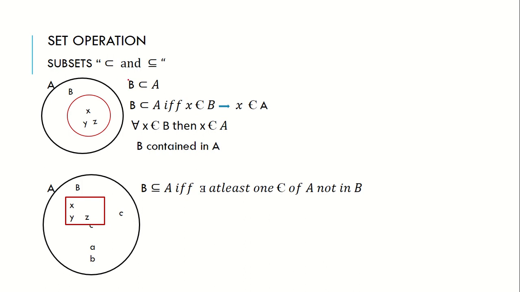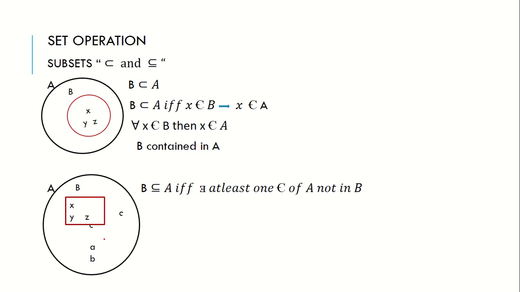So we say set B is a subset of A. B is a subset of A if and only if x, which is an element of B, implies that x is also an element of A. Or, for all x that are elements of B, x is an element of A. This means B is contained in A. B is inside A. B is a part of A and in fact inside A. That's why we call B a subset of A.